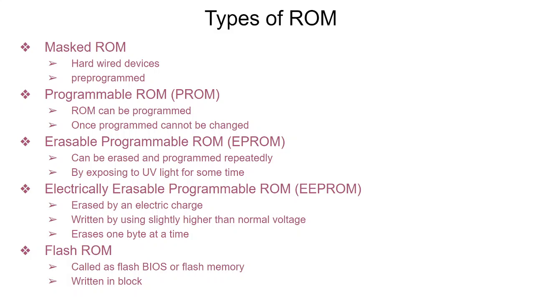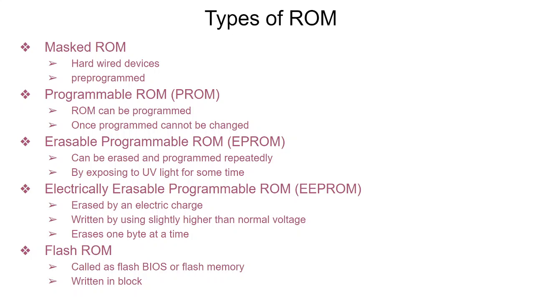Whatever program you need to have in this ROM will be done in the factory itself, wherever this ROM is built, and the contents of ROMs had to be specified before the production of this ROM, so the actual data could be used to arrange the transistors inside this ROM chip. So you can say this was just when the ROM came into existence and this kind of masked ROM was made.